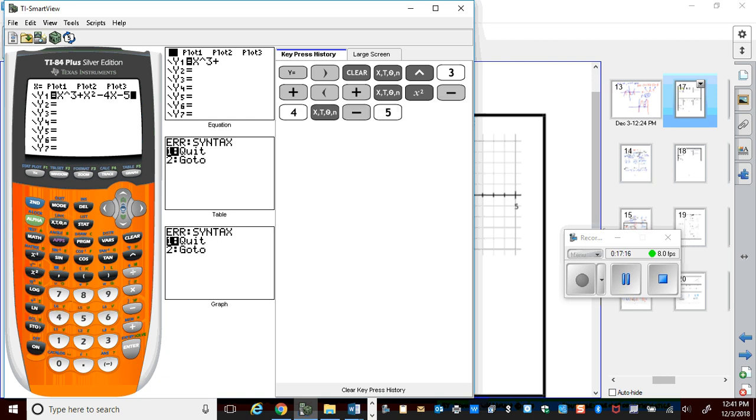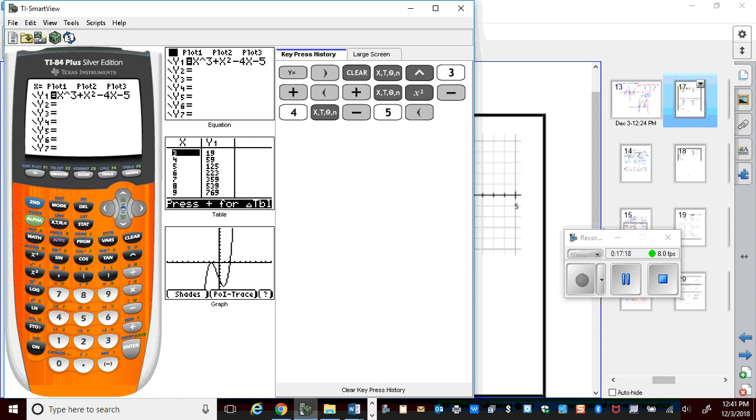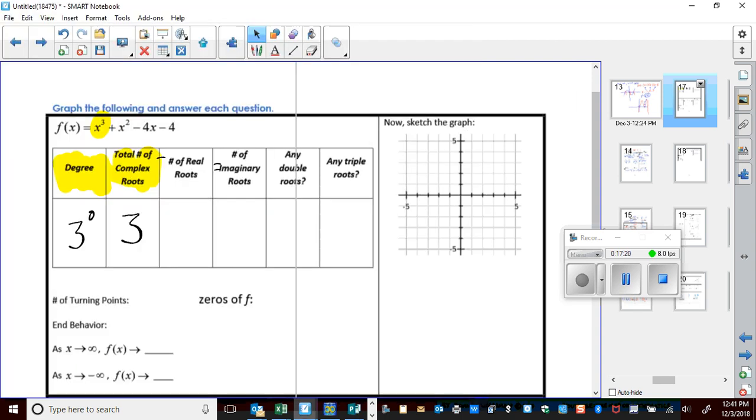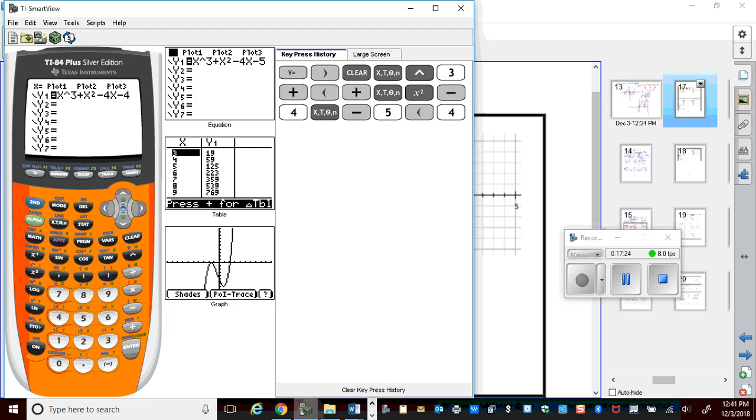Let me make sure that's correct. That's what I have. So I'm just going to trace it and look at it real quick.